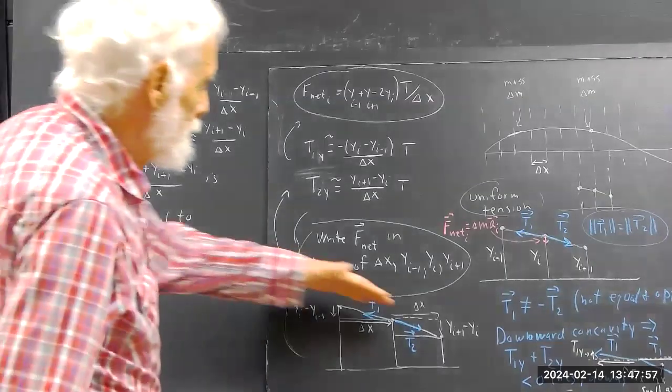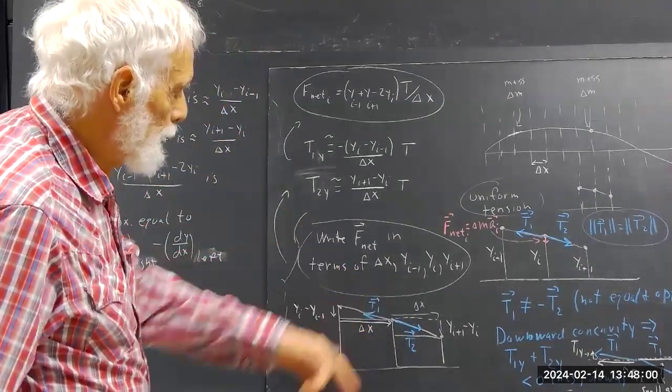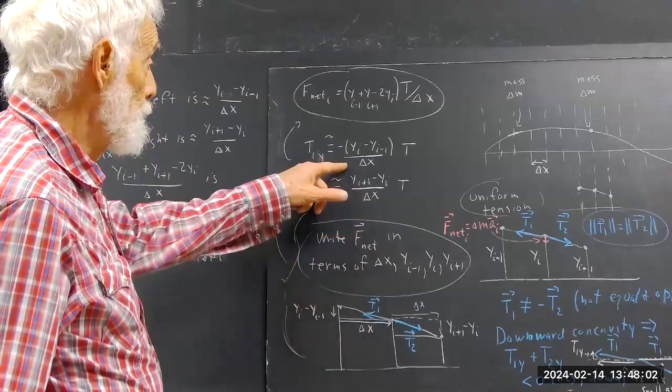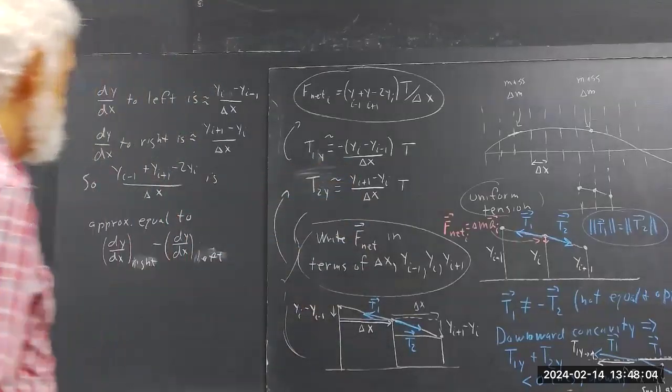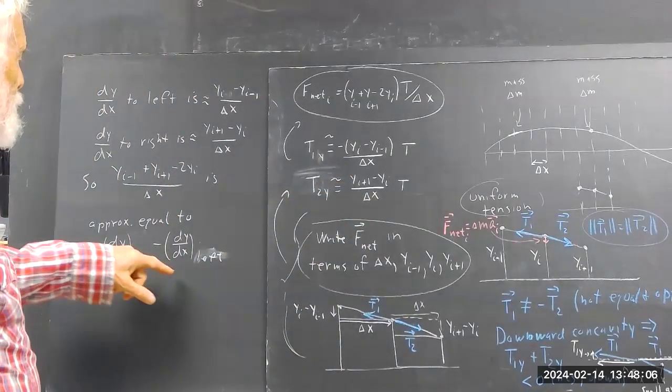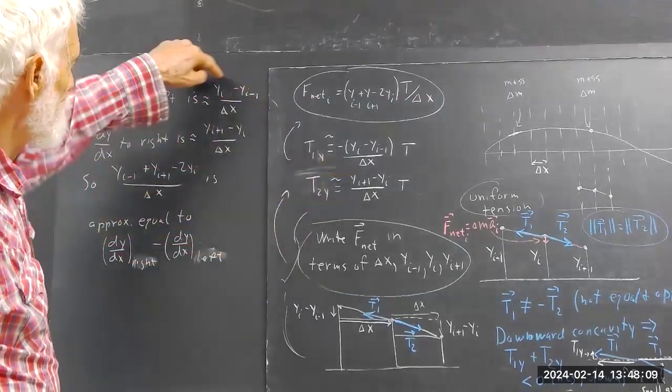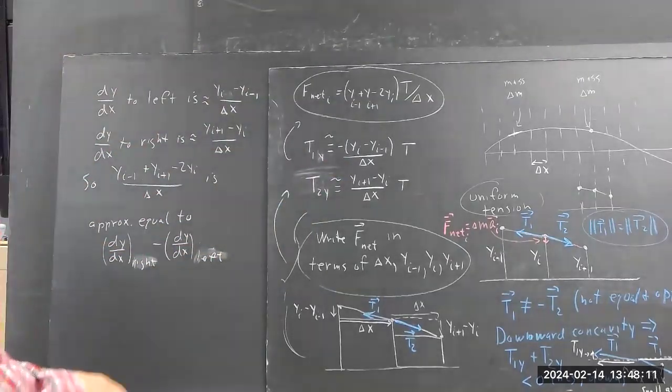Because the derivative of y with respect to x to the left is this slope, which is here. Okay, and if you subtract this, you get this. So we have this done.